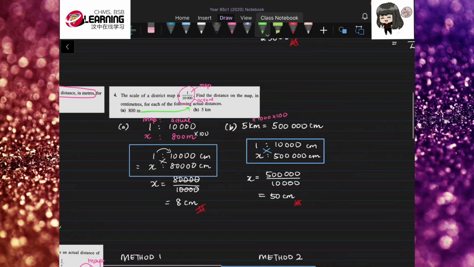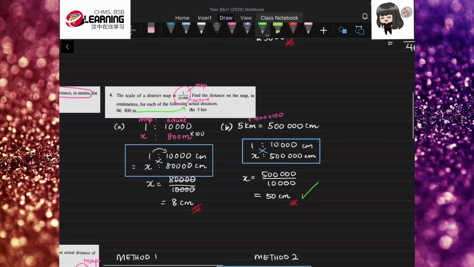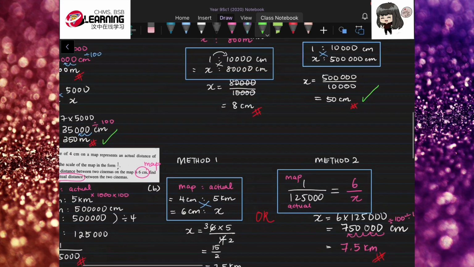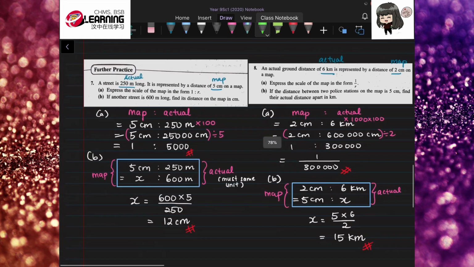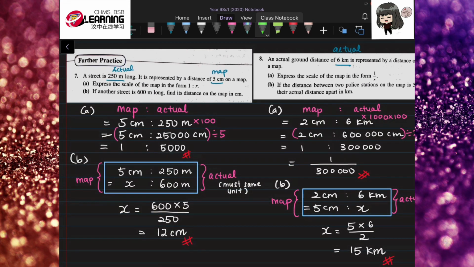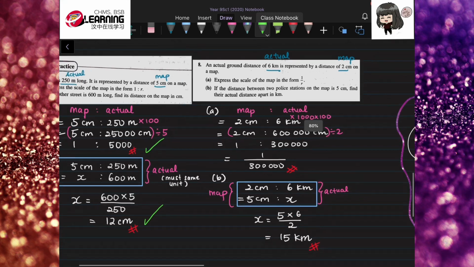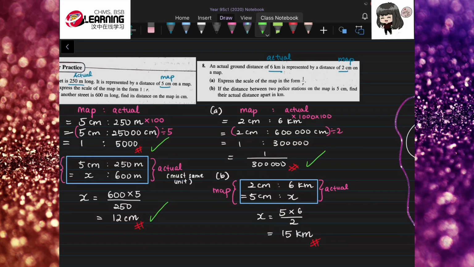And number 4B, the answer is 50 centimeter. Then we go to questions number 7 and 8. Number 7 is 1 to 5,000, and 7B is 12 cm. Number 8 is 1 over 300,000, and 8B is 15 kilometer.